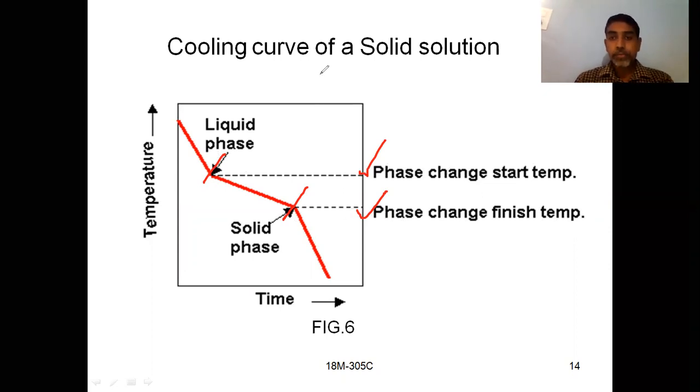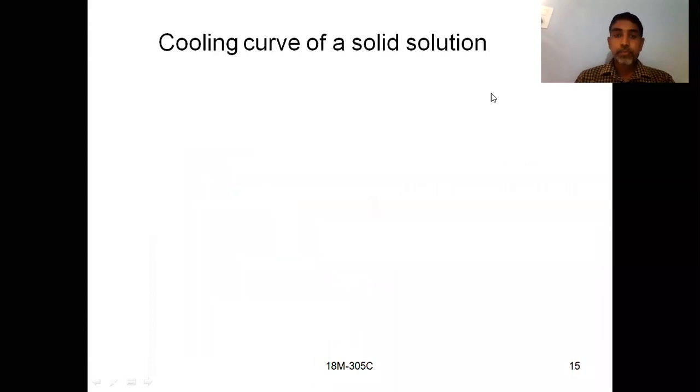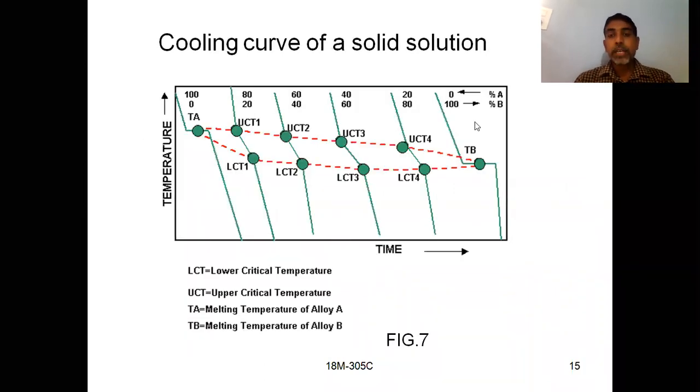Okay. And if you see here, cooling curves for a solid solution for different compositions. So I am taking two components, A and B. Okay, 0 and 100, 20 and 80, 40 and 60, like that. So based on the composition, how will the cooling curve be?